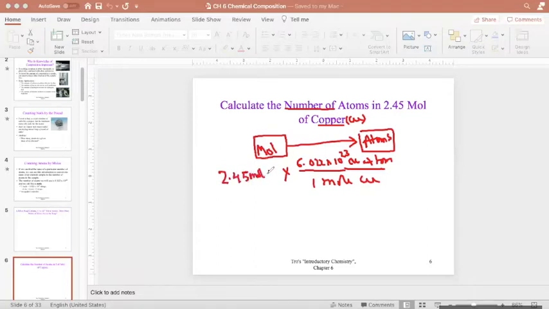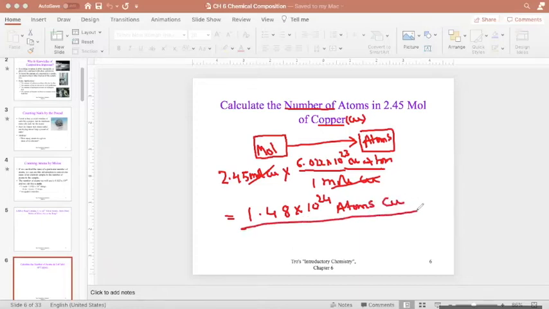So now you have already set up the problem. You cancel moles of copper with moles of copper, and then solve on your calculator, and you will get your answer around 1.48 times 10 to the power 24 atoms of copper. So this will be your answer.